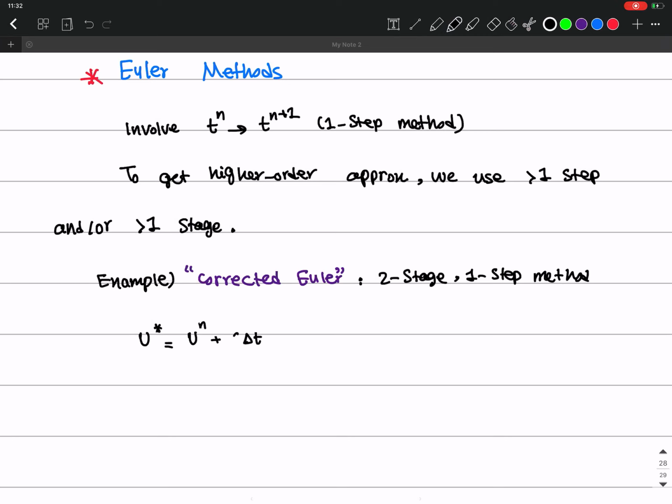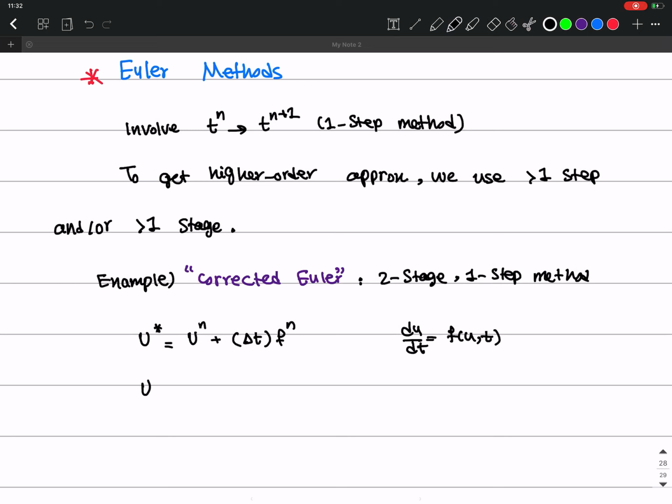It's just a simple forward Euler method, where du over dt is equal to f, which can be any function, and you evaluate the function at step n. This is forward Euler.